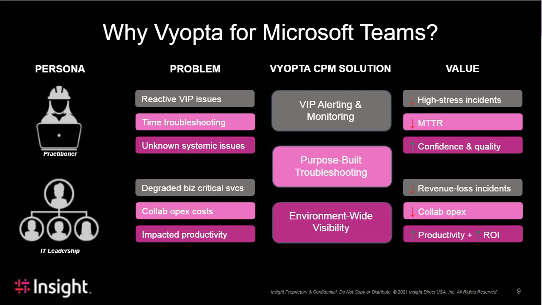And as an IT leadership team, you're helping productivity, you're helping increase the ROI of your investment. So that's why we're here. Whether you're a practitioner or an IT leadership member, everything on that right side, that value is what we're aiming to deliver. And I'll walk through how we're delivering that value with Insight.